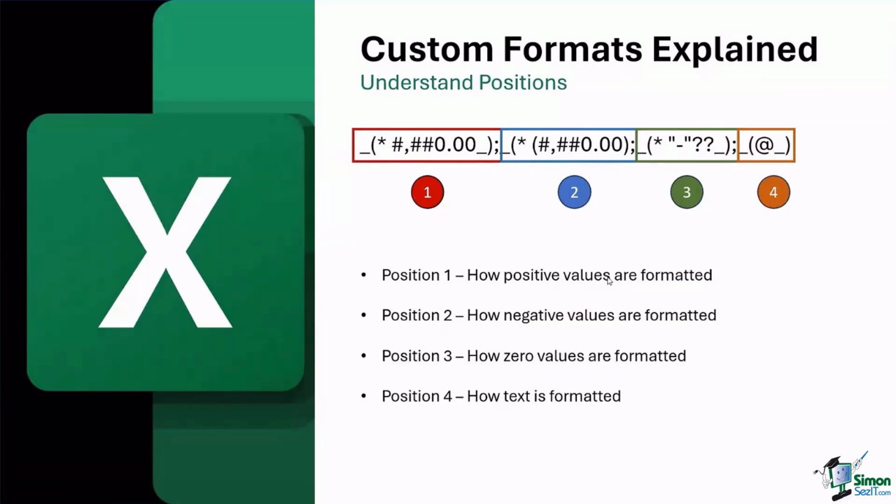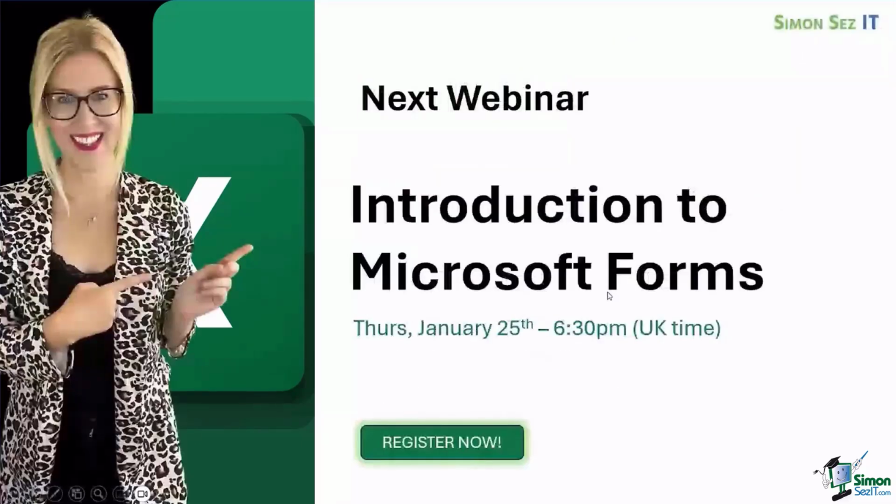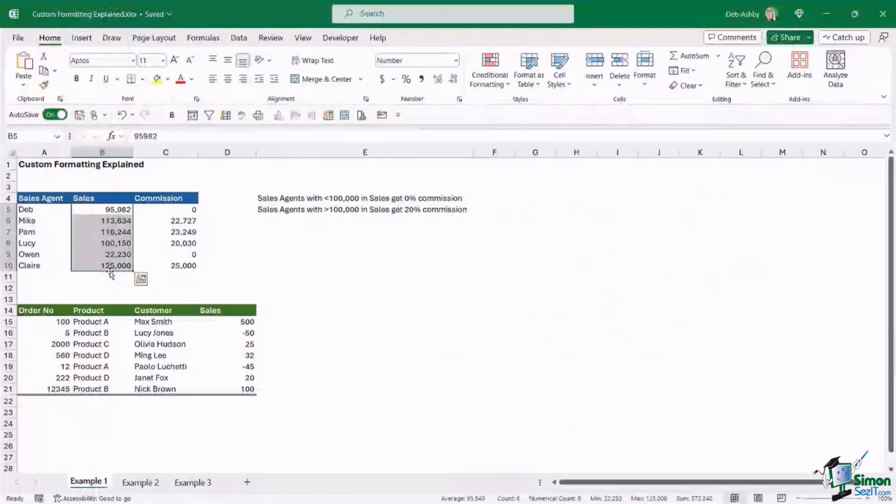So if you have zeros in cells, what are they going to look like? And then in position 4, that's where we specify how we want text in a cell to be formatted. Okay, so don't worry too much about all the hashes and @ signs and things like that. Just get set on these different positions. You have positive, negative, 0 values, and text, and they're all separated with a semicolon. Okay, so a really important point to get your head around.